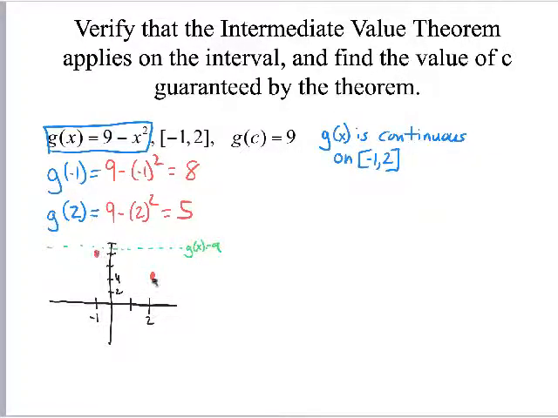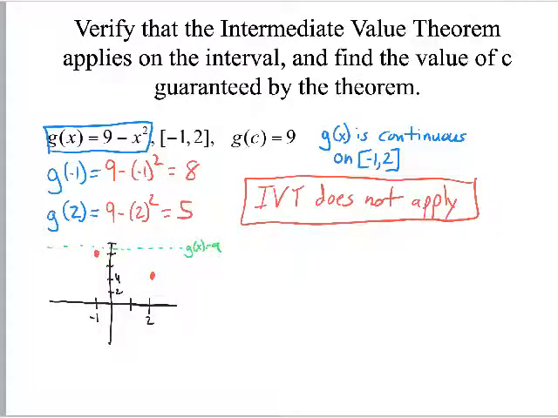To get from here to here, I can't guarantee crossing that, and that's what the intermediate value theorem states. So because I can't guarantee hitting 9, I cannot apply the intermediate value theorem, so it doesn't even apply. So really, this question's done. IVT does not apply. So we're done.